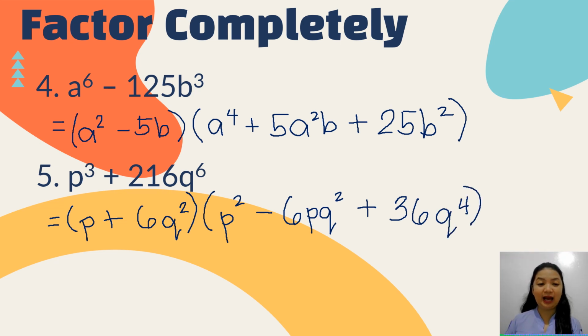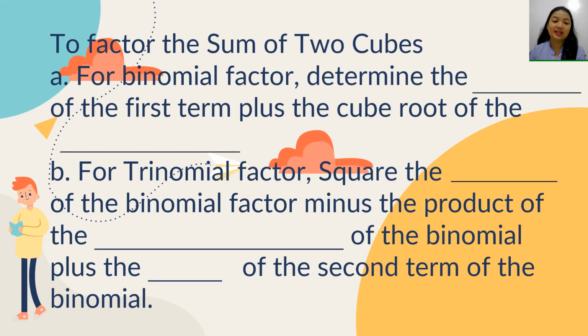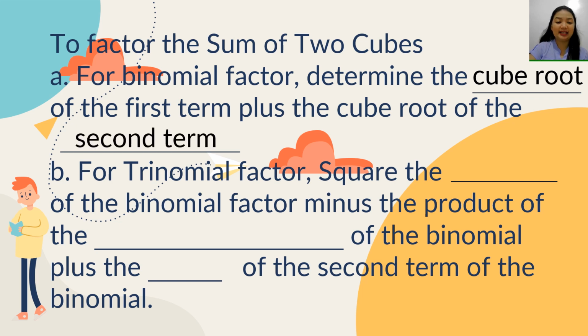So that is simply how we get the factors of the sum and difference of two cubes. So let us see what you have learned in this video by filling up the words or phrases in those blocks. So to factor the sum of two cubes, for the binomial factor, we determine the cube root of the first term plus the cube root of the second term or the last term.